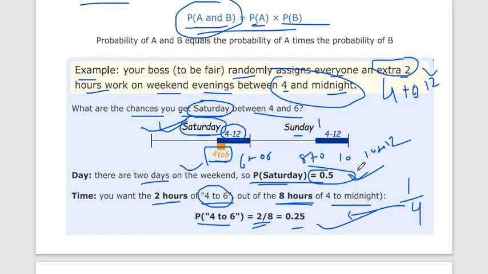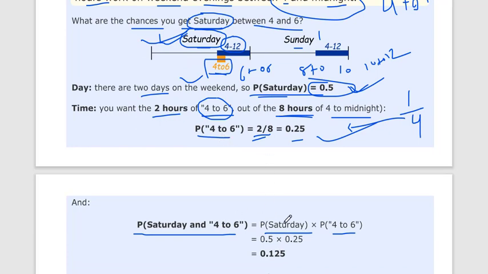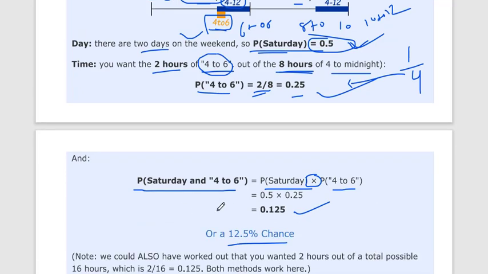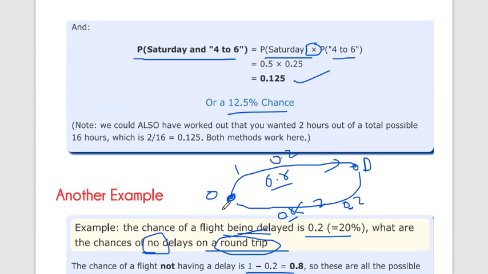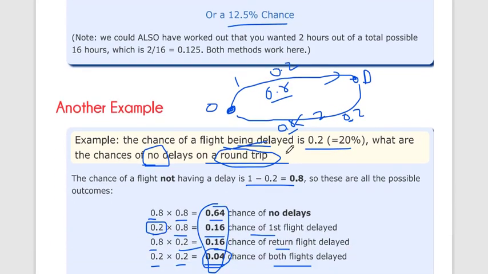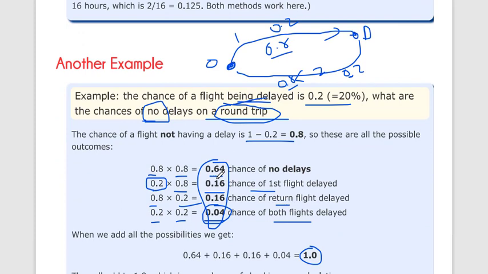Now we have 2 events and both are independent because neither depends on the other's outcome. So we just multiply, and the overall probability is 0.125, or 12.5%. For delays in a round trip, there is a 64% chance that no delay will happen: 0.8 times 0.8.